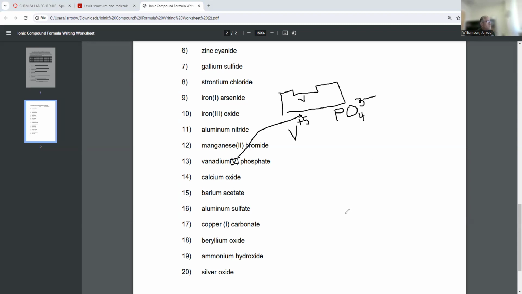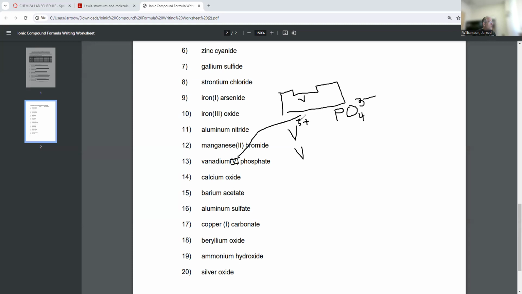Okay. And this one, the least common multiple between 5 and 3 is 15. And what that means is I'm going to need, oh, you know what? I kind of wrote that wrong. This should be 5+.